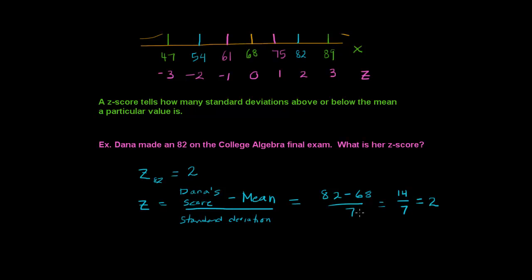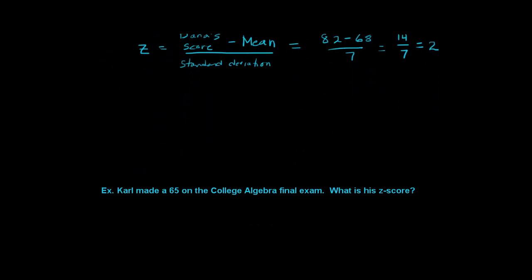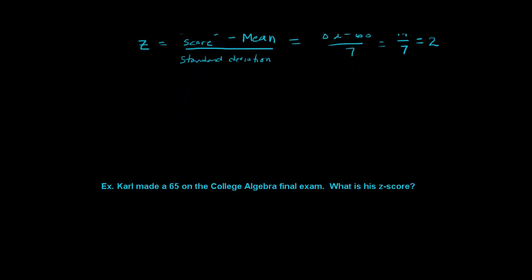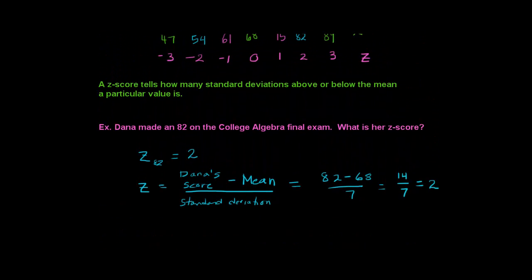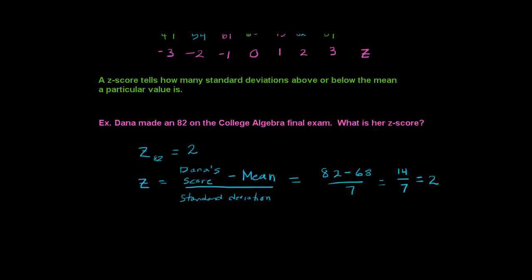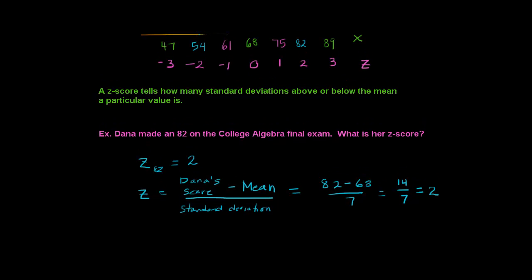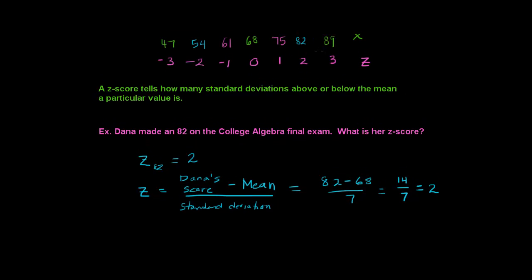So this could be helpful if we know this calculation when we want to find Carl's z-score, because Carl made a 65 on the college algebra final exam, and notice 65 is not one of my x values, so I can't just directly read it off of the graph like I could here with Dana.